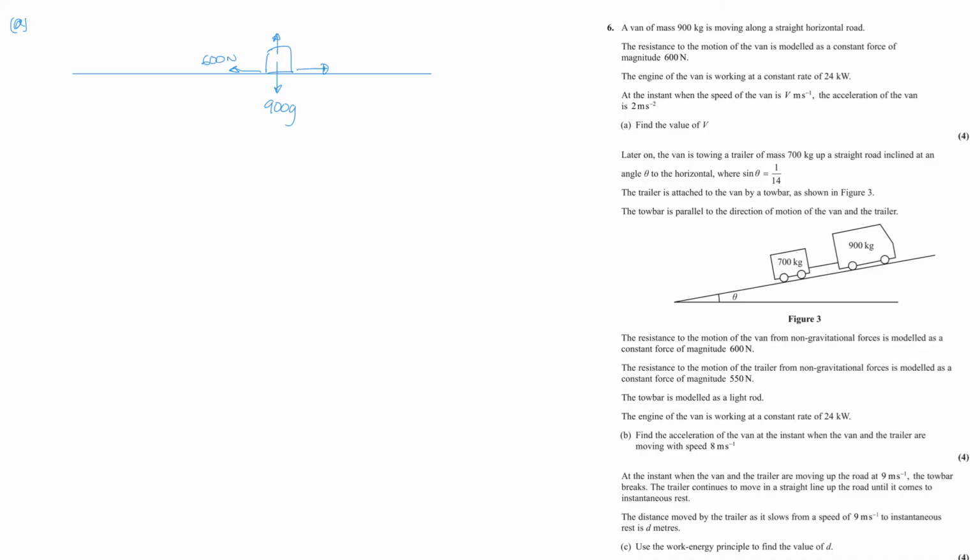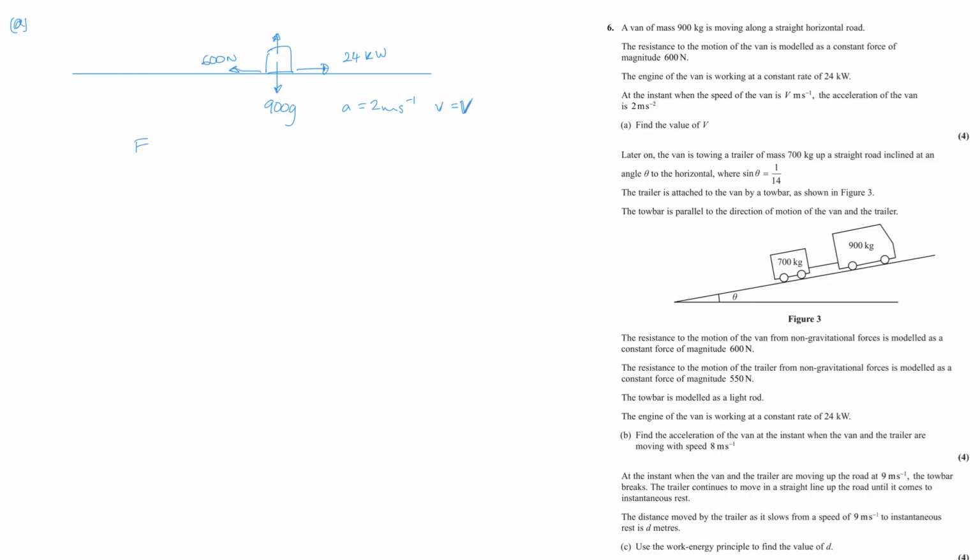And then the engine power is 24 kilowatts. At the instant when the speed of the van is V, the acceleration is 2 meters per second squared. Find the value of V.